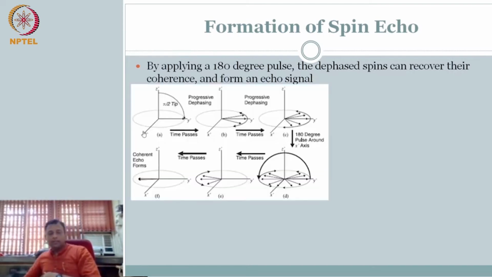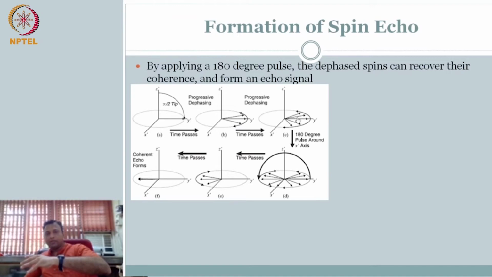So here is the completion of the time sequence that we had. Initially, you did the pi by 2, all of this in the rotating frame of reference. So z dashed is pushed down by the pulse. After the first RF excitation, the pi by 2 excitation, it starts to dephase. You allow time, and it dephases completely.